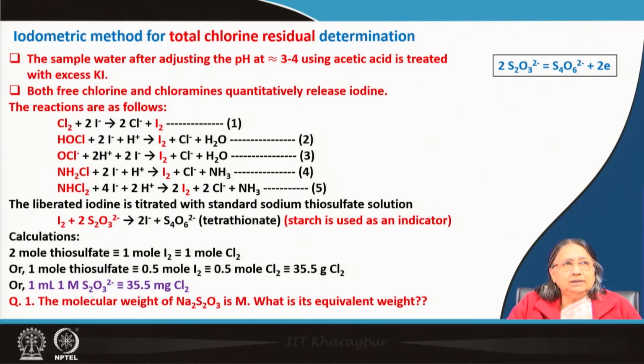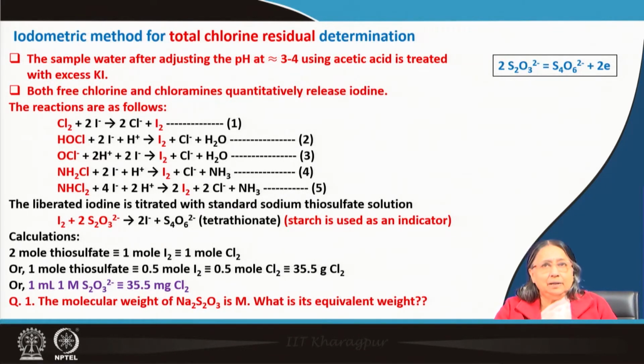We will start our addition of thiosulfate, then slowly the color will become less intense. Initially it is brown, then it will slowly become yellow. Then when we see the straw yellow color, that means a very faint yellow color, we will add the starch indicator, and immediately we will see the blue color formation.